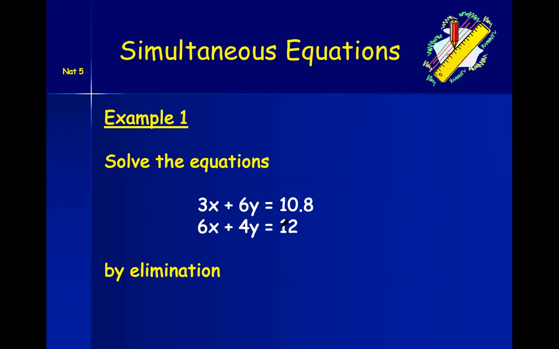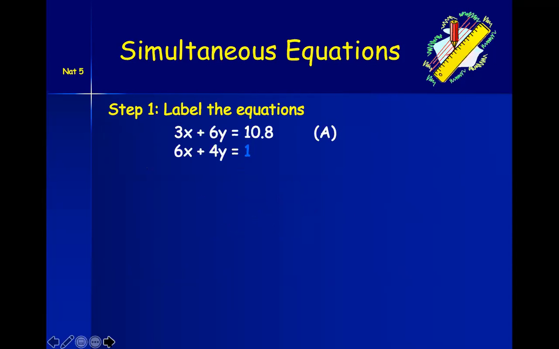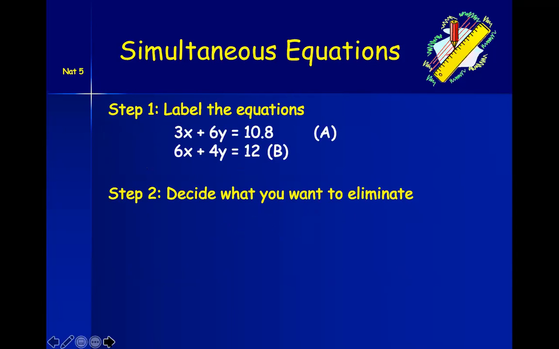So how can we eliminate that? We need to decide first, right? First things first, we label them: 1A, 1B, capital A, capital B. Next, decide what you want to eliminate. Probably x would be an easy one, because you've got 6x at the bottom.